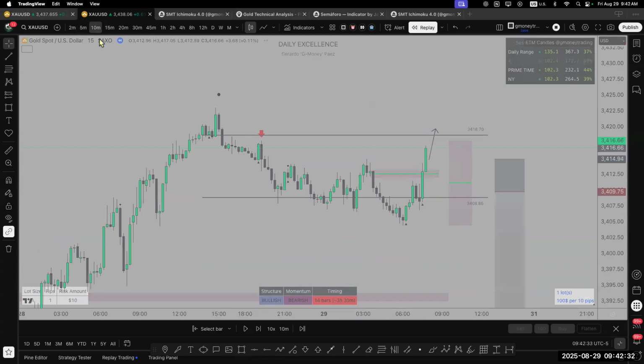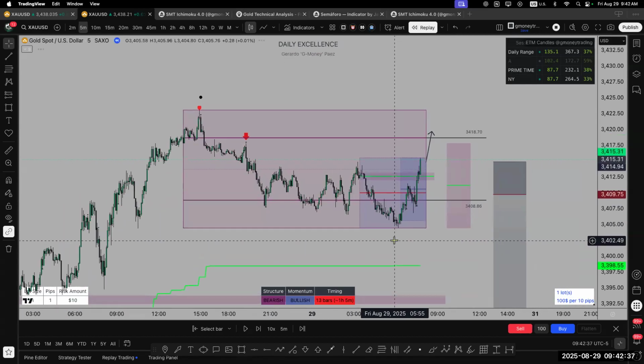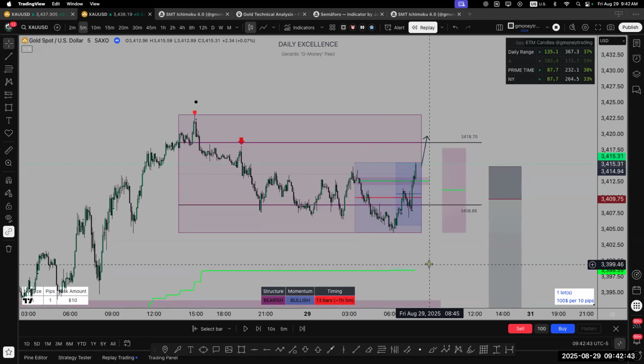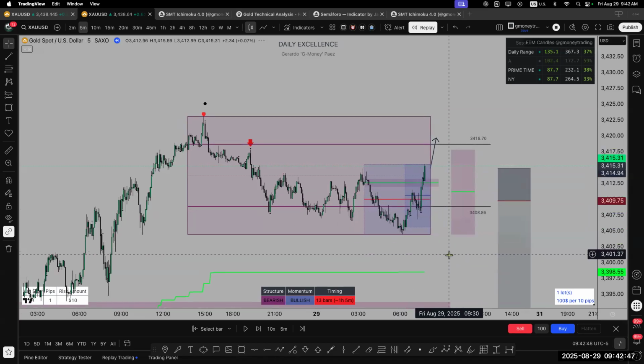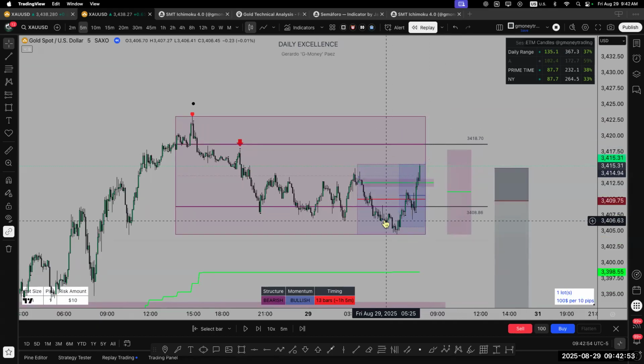But the moment I saw the momentum shift bullish, I am not going to argue with momentum. Let me just close my trade and regroup. And I did close my trade and regroup, and I ended up getting the buy. Okay, so let's see what happens next here.